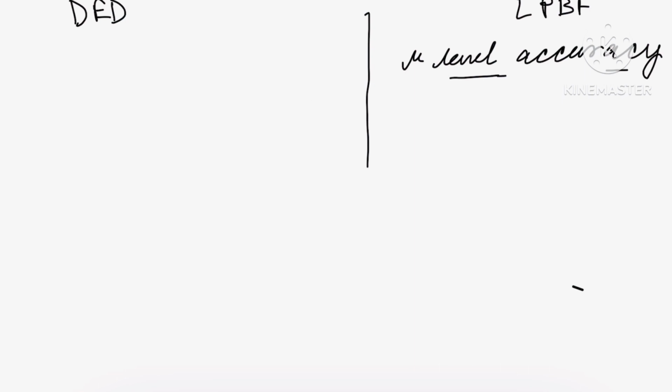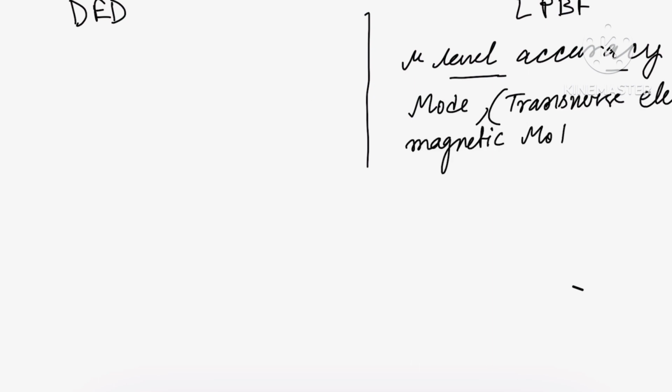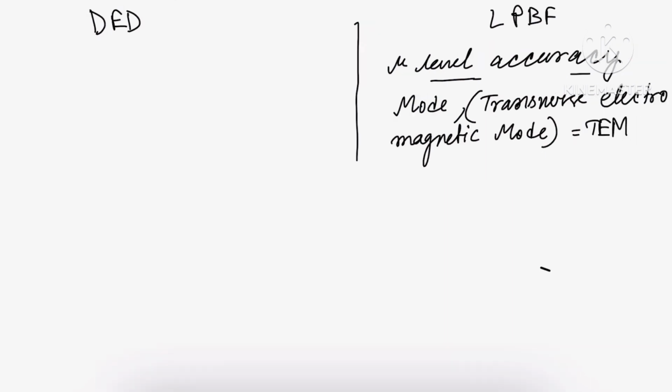For example, the mode or transverse electromagnetic mode, which is also known as TEM. So you'll see something like TEM 00 or TEM 01, 1, 2, 2, 3, and so on. I'll be talking about what those are.